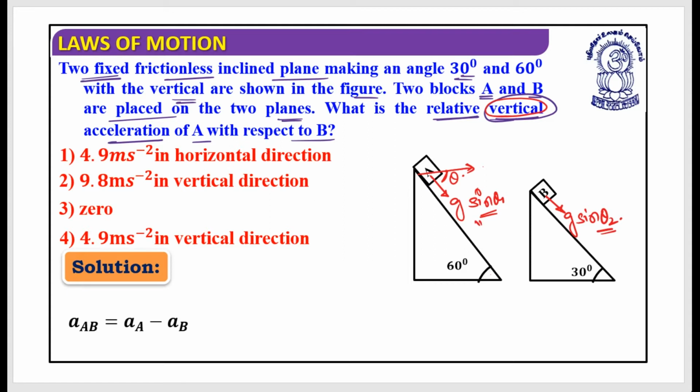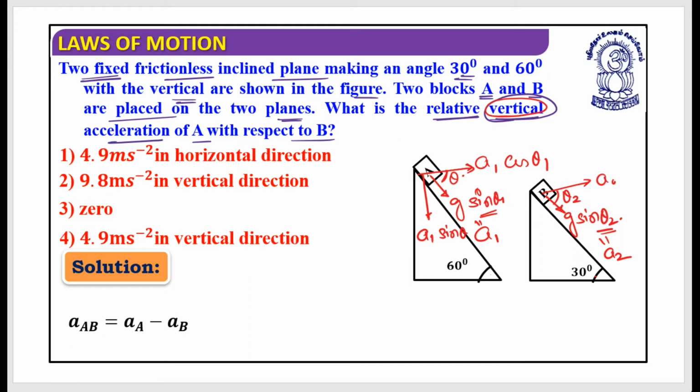Suppose I write this as a1 and this as a2. Then this is a1 cos theta 1, and this is a1 sine theta 1. I hope you understand. This is 30. So if this is theta, this could be written as theta 2.